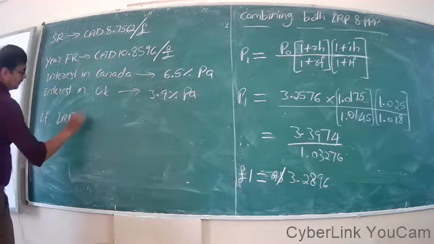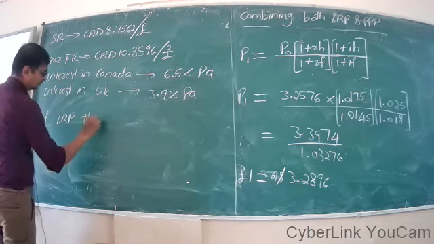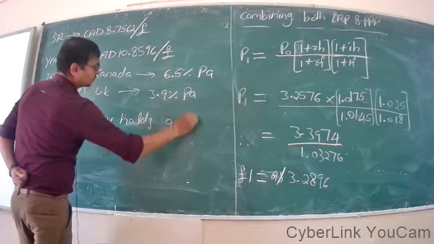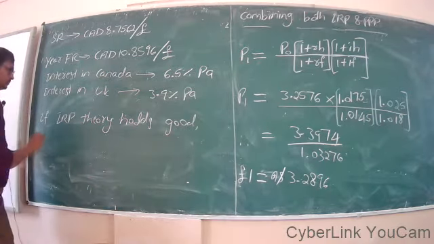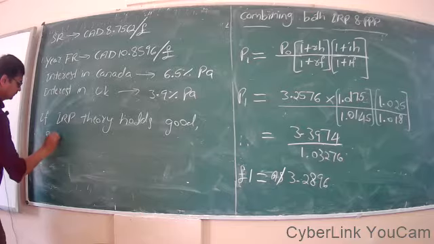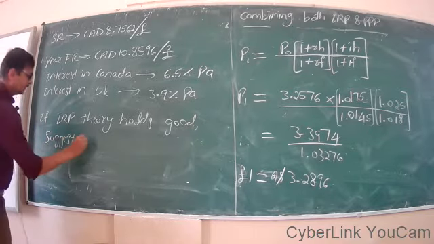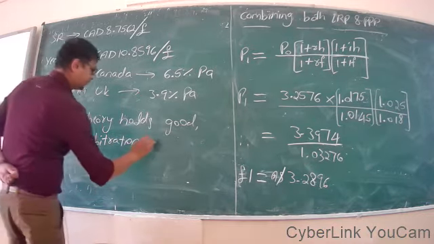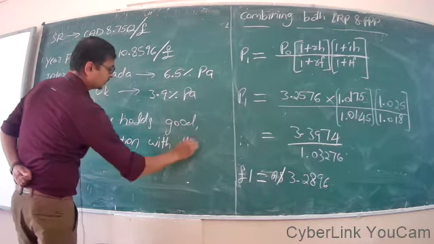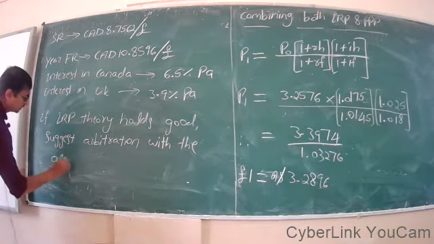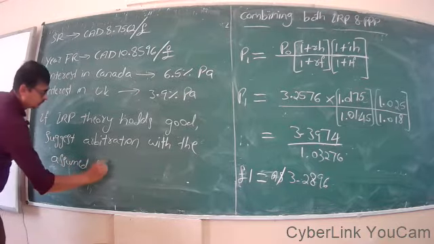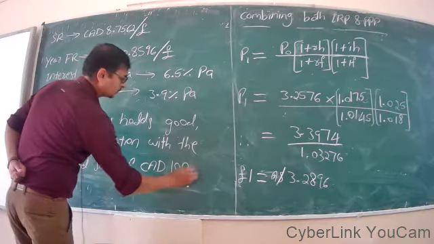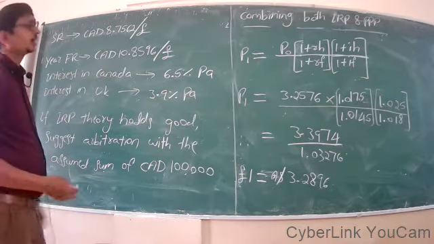If IRP theory holds good, suggest arbitrage with an assumed sum of 1 lakh Canadian dollar.